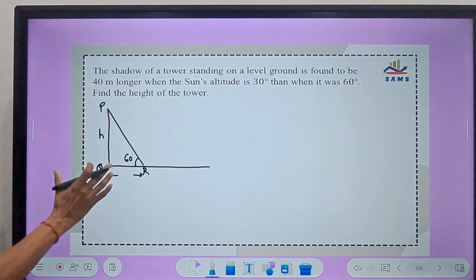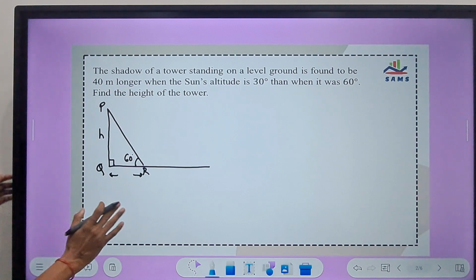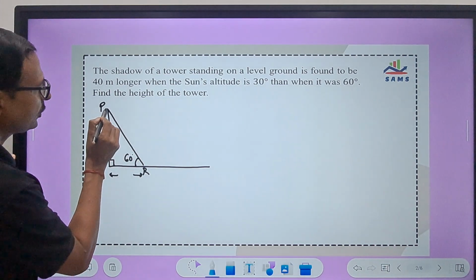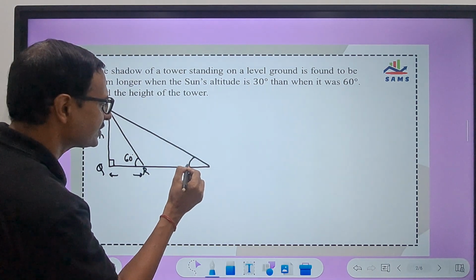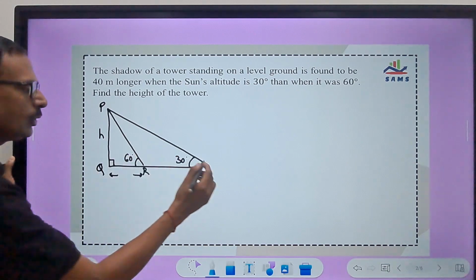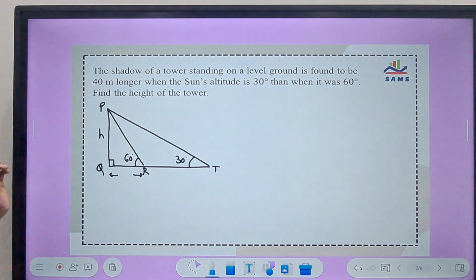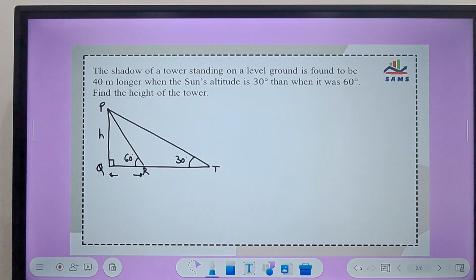So let's check whether we are given QR or not, and this is perpendicular. Likewise, the altitude of the sun now changes to 30 degree. So this angle now becomes 30 degree and the length of shadow is from Q to T. So this is the length of the shadow now when the sun's altitude is 30 degree.